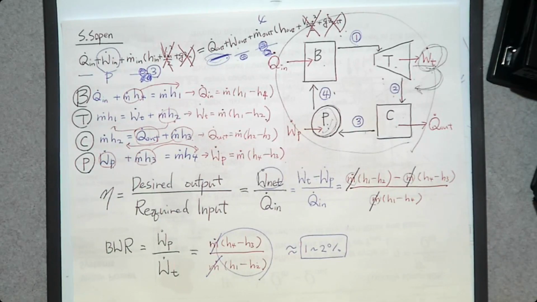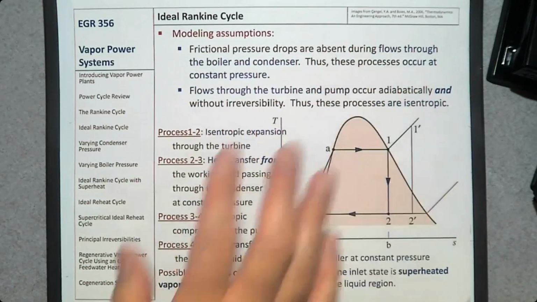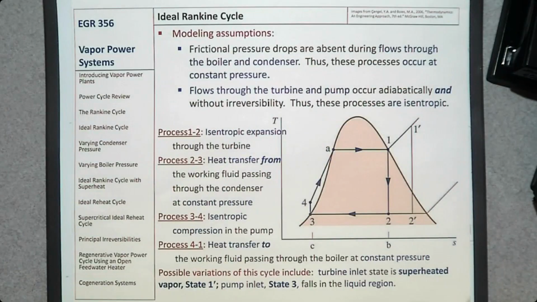To do that, we need to simplify this Rankine cycle by using the ideal Rankine cycle. We are going to make some assumptions because the actual Rankine cycle is very complicated. So we cannot analyze them by hand; we need to rely on computer simulation.